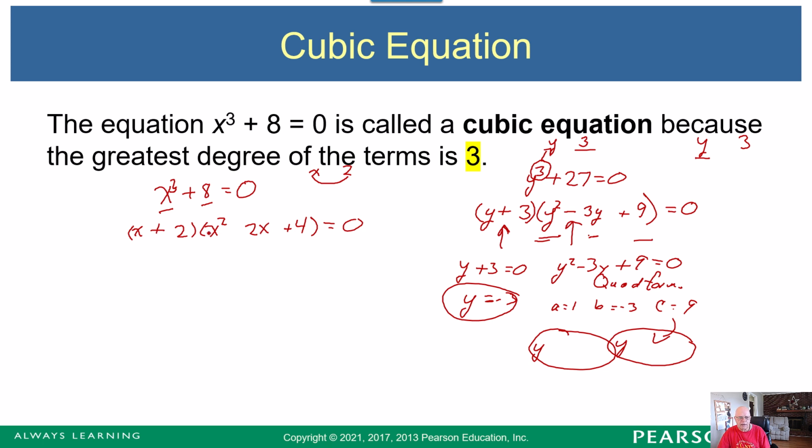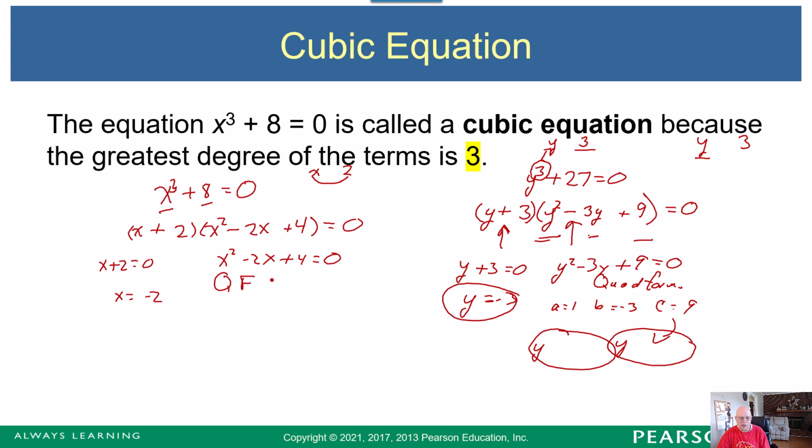There's your beginning. It's in standard form. Make sure you have that 0 on the right. Factor it like I just showed you. Notice again that this and this are going to be opposites. And the first one, that's really easy.